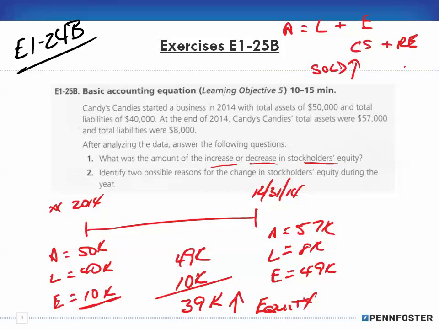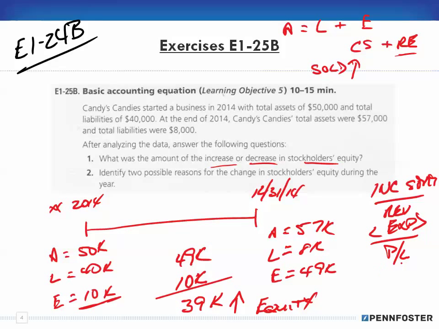And the other thing that could have happened is, in relation to retained earnings, remember, on our income statement, we have revenues less expenses, which gives us a profit or loss. That profit or loss at the end of the accounting period is closed out to the retained earnings.